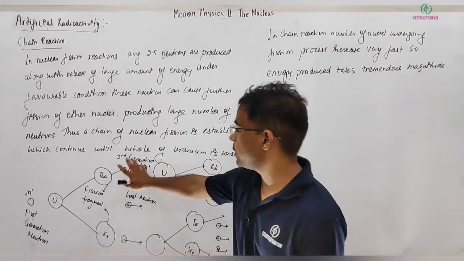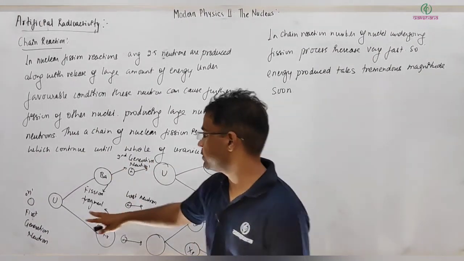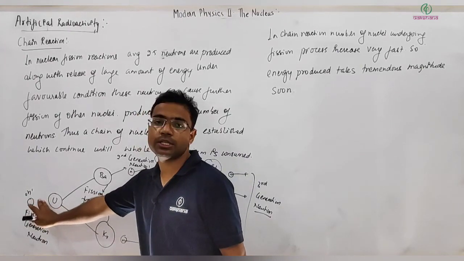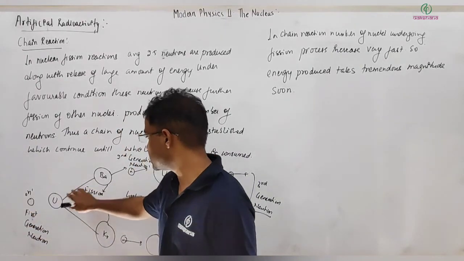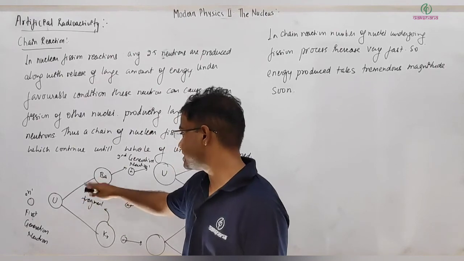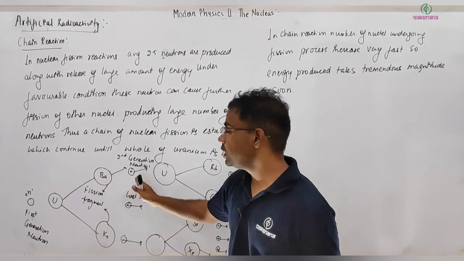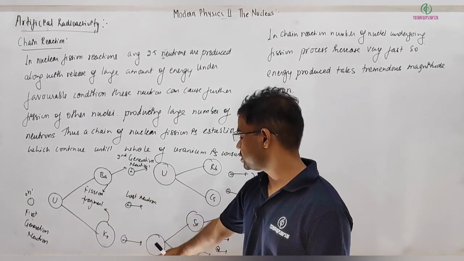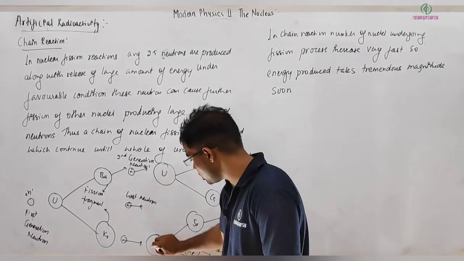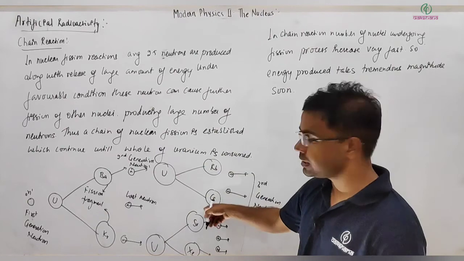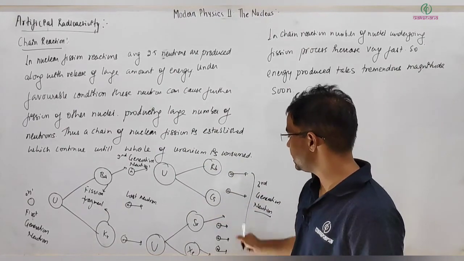This is one example of a chain reaction where uranium is bombarded by a first generation neutron, it splits, or fission takes place, into barium and krypton with the release of 3 neutrons. Out of these 3 neutrons, maybe 2 are used for the further fission of uranium, releasing again a large number of neutrons.